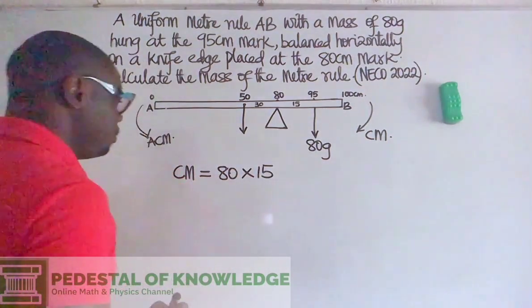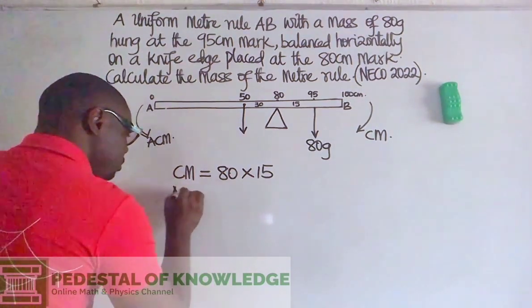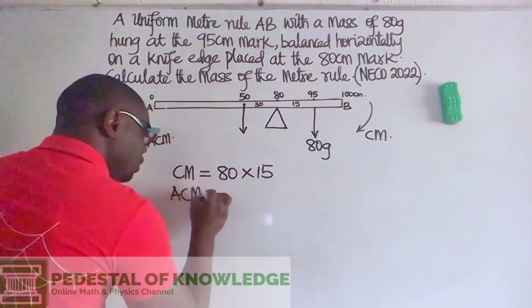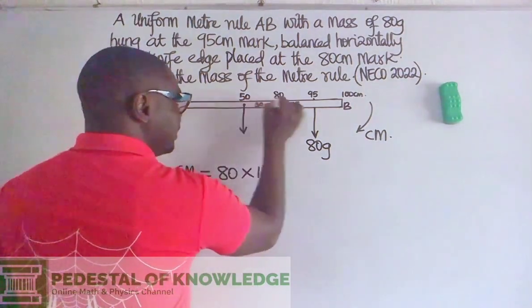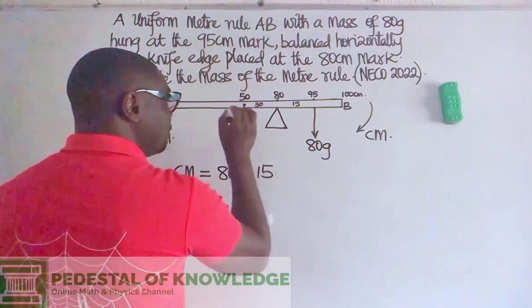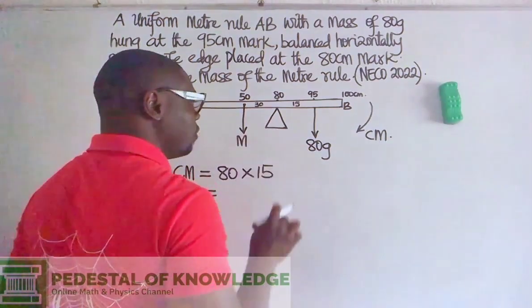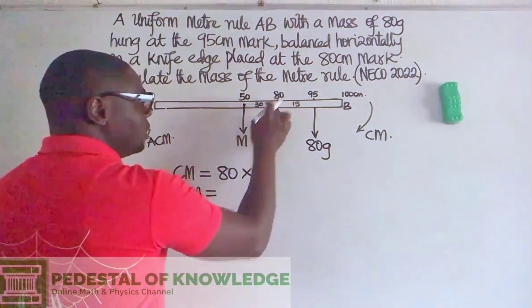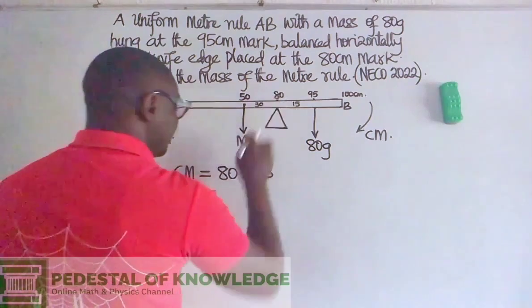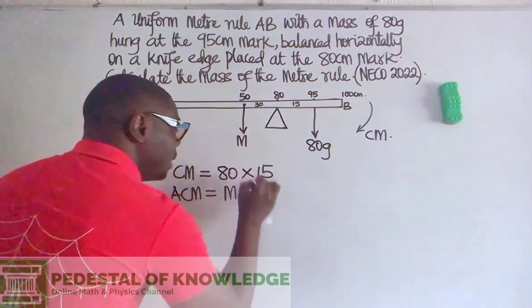Okay, now the anti-clockwise moment is equal to the force here multiplied by the distance. Remember that the mass of the meter rule acts at its center of gravity. Let us call the mass of the meter rule m. So the moment about this very point is force times distance. That is m multiplied by 30.